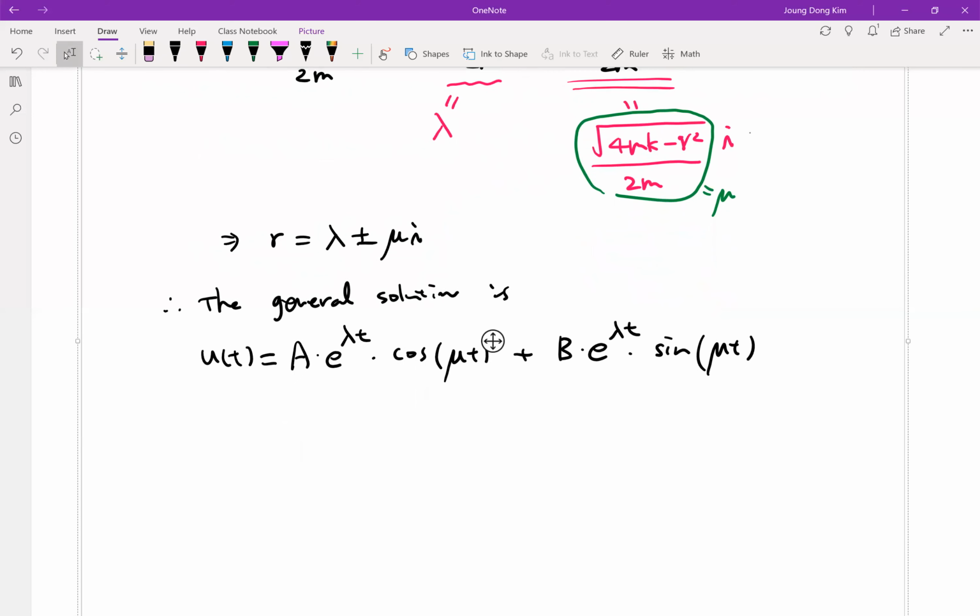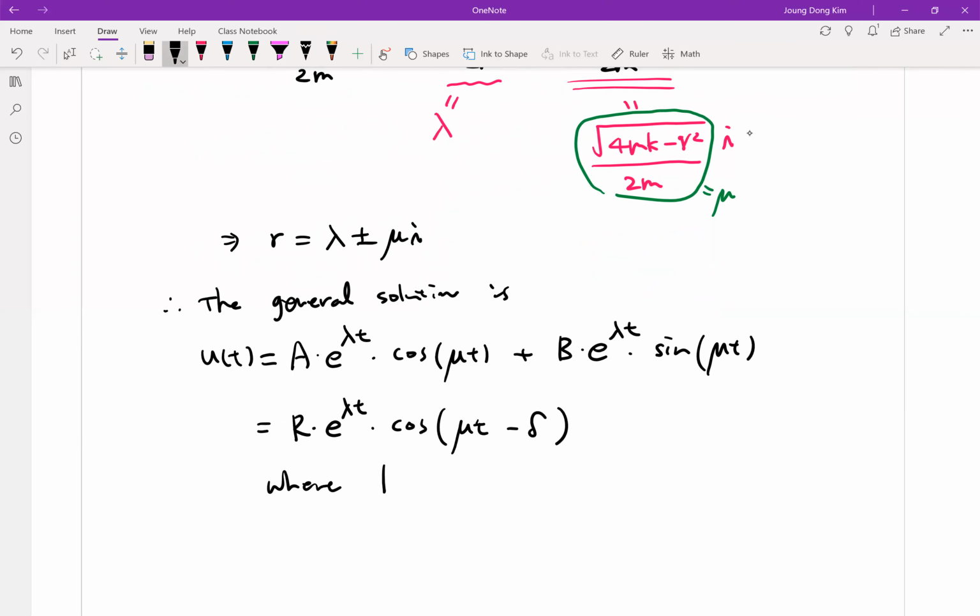Let me skip that part, but we can write it directly: it will be R times e to the lambda t times cosine of mu t minus delta, where R is equal to the square root of a squared plus b squared, and tangent delta is equal to b over a, or delta is equal to tangent inverse of b over a.